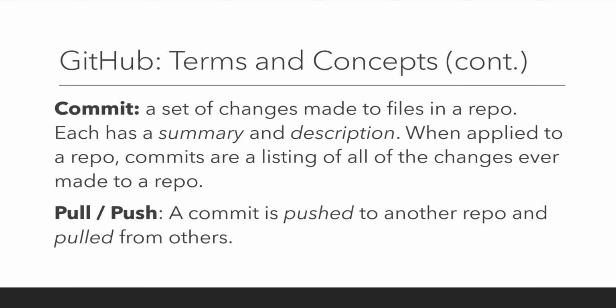Now, when we're thinking longer term, when all of these are applied to a repo, that is, we apply a commit, we then have a series of commits. So all of the commits, all of the sets of changes made to a repo, are a listing of all of the changes, when they happened, who made them, and exactly what they were across the history of a repo.